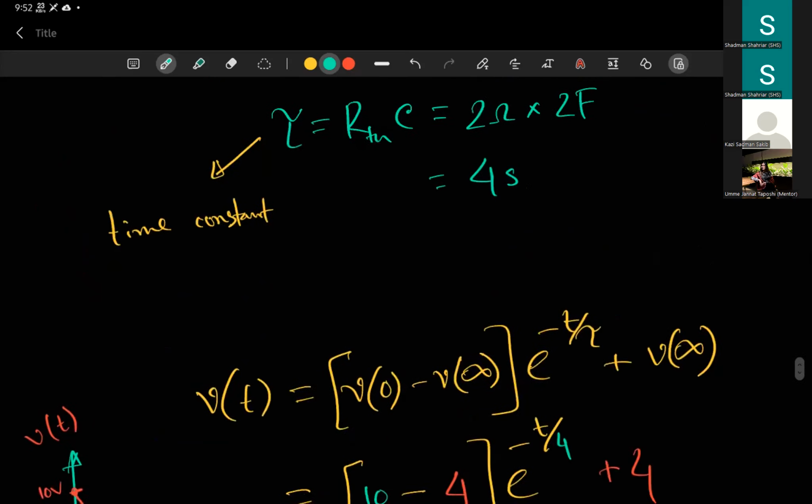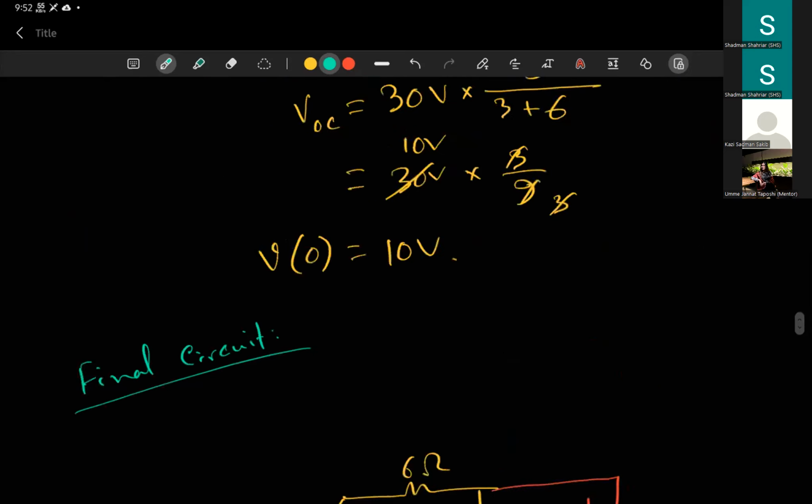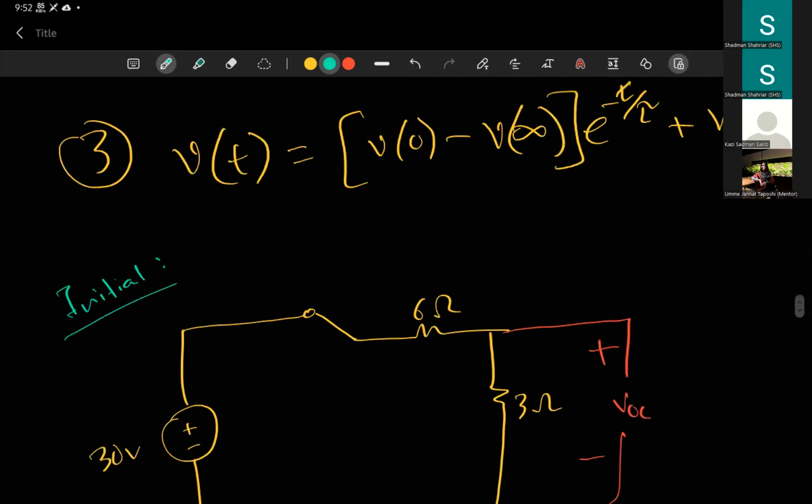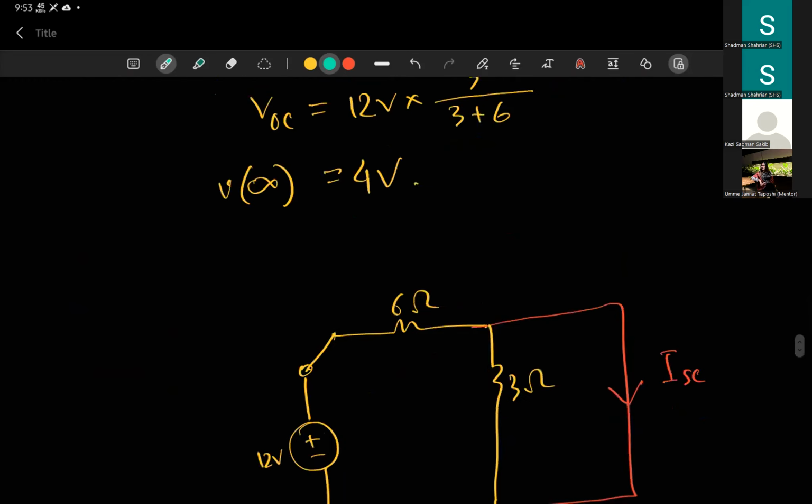In your transient analysis circuit, you'll have an initial situation and a final situation. If you have a switch like this, it might be switching from one position to the other, or you can have just one switch opening or closing.